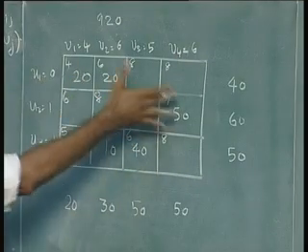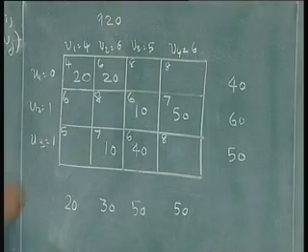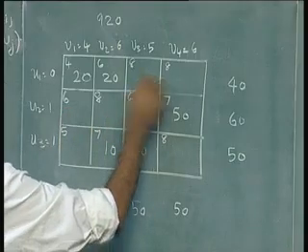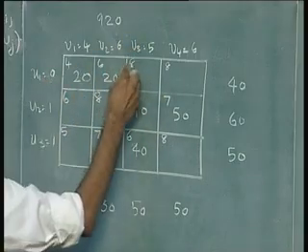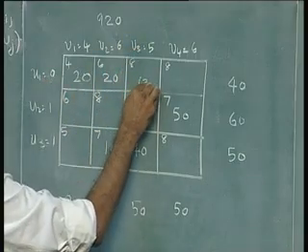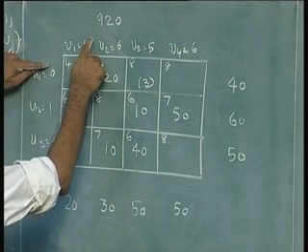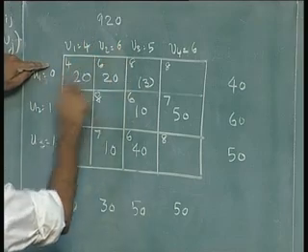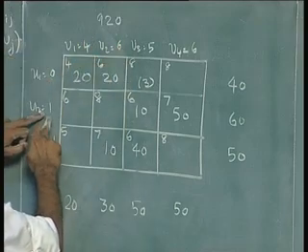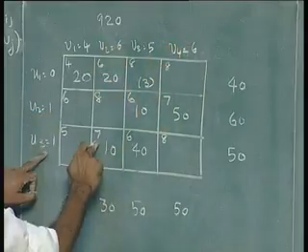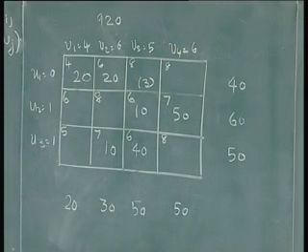Now these are the basic or allocated positions. For the non-basic variable or unallocated position, find out Cij minus ui plus vj. 0 plus 5, 5, 8 minus 5 is 3. 0 plus 6 is 6, 1 plus 5 is 6, 7, 1 plus 6 is 7, 8.